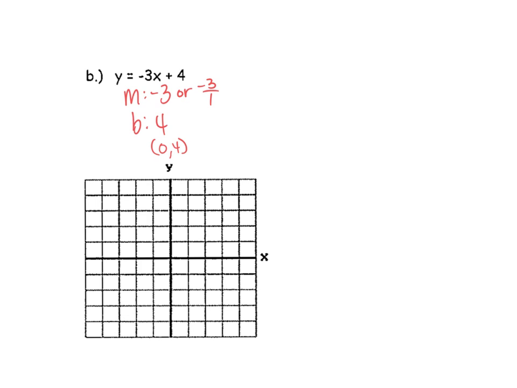On your y-axis, go up 4 spaces. Make a dot. From here, I'm going to rise negative 3 and run positive 1. So if you're rising negative, go down.